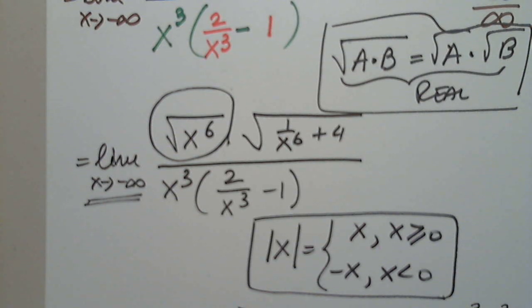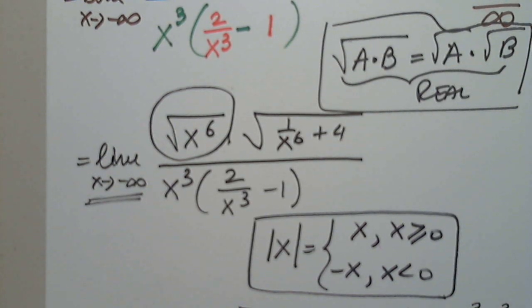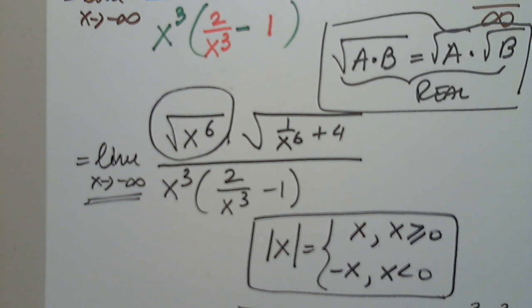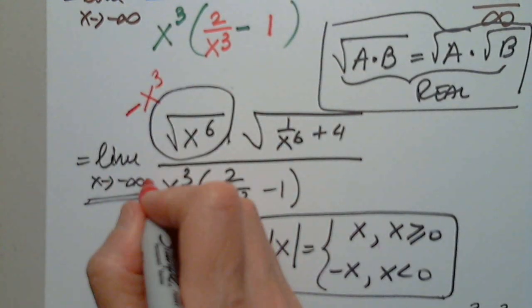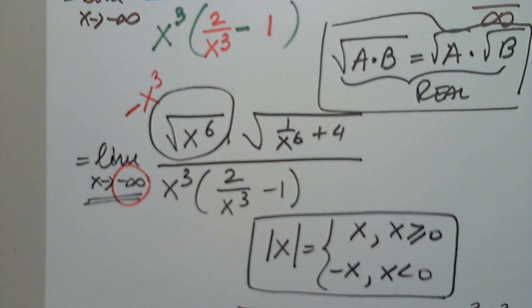So what do I replace this by? X cubed or negative x cubed? And the answer depends on this. X cubed. Negative x cubed. Exactly. Negative x cubed. So careful, this is negative x cubed because x approaches negative infinity. If this were positive infinity, I would have chosen x cubed.